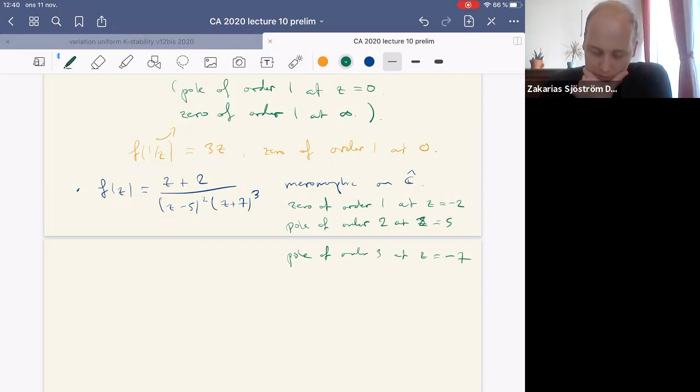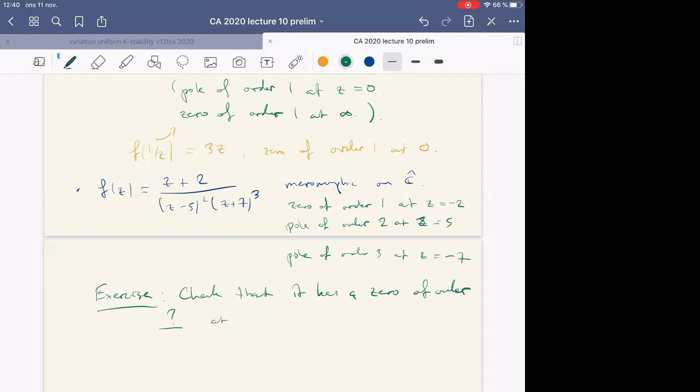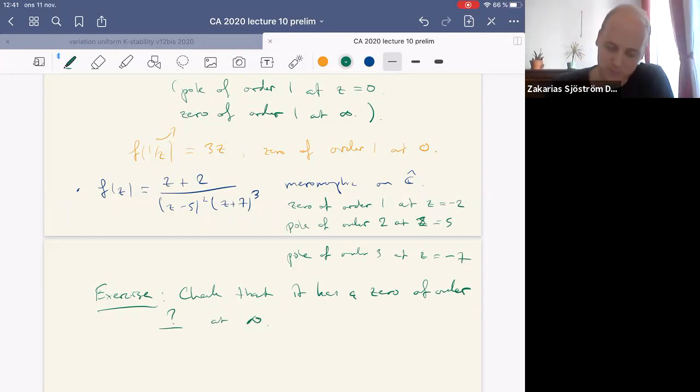So I will give you as an exercise to check. Obviously you don't have to hand it in, so you can be as sloppy as you want, but convince yourselves that it has a 0 at infinity. What would be the order? 4, I guess. 4, yeah, exactly.